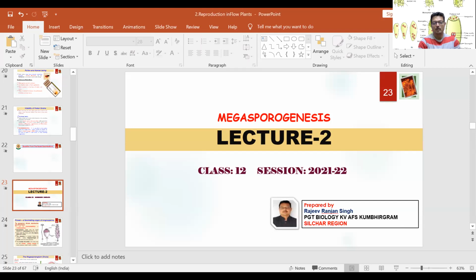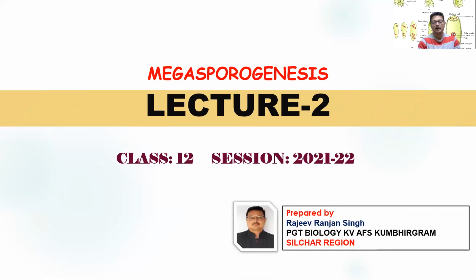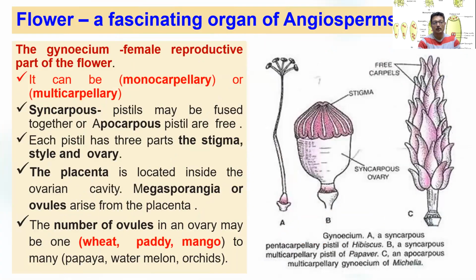So we are all aware that flower can be bisexual or unisexual. The female organ happens to be the pistil. The role of pistil is called as gynoecium, as you can see here.